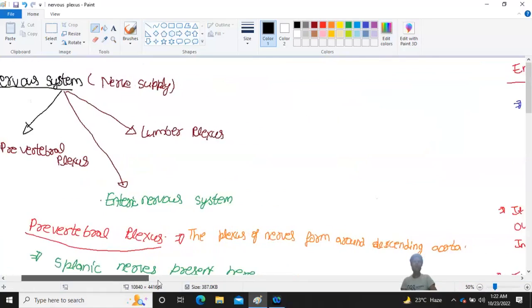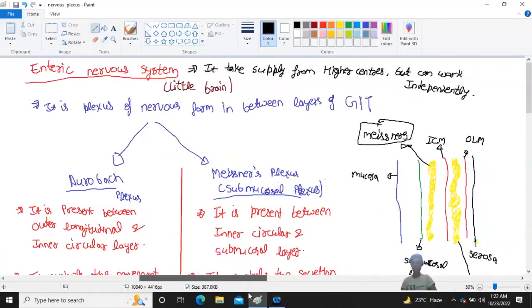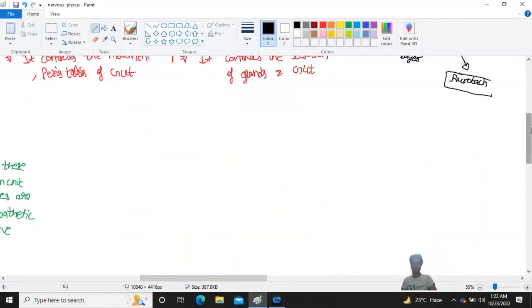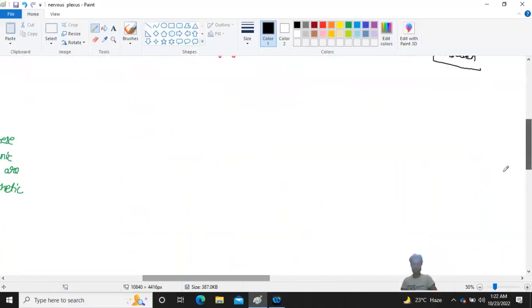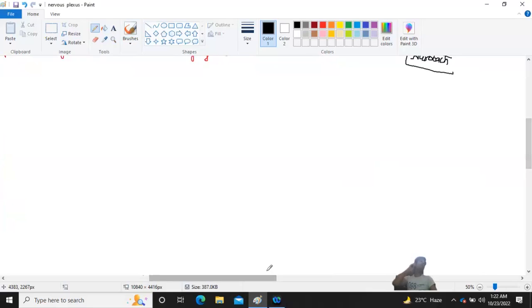This is the nerve supply of the abdomen, the whole nerve supply. And this is basically the nerve of the lumbar region. Remember, we have read the brachial plexus, which is present in the cervical and thoracic region, C5 to T1. Now it is another plexus, which is the lumbar plexus.